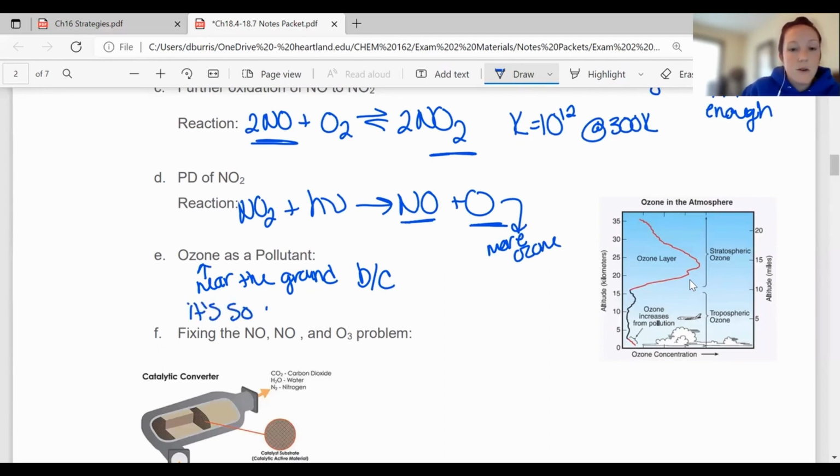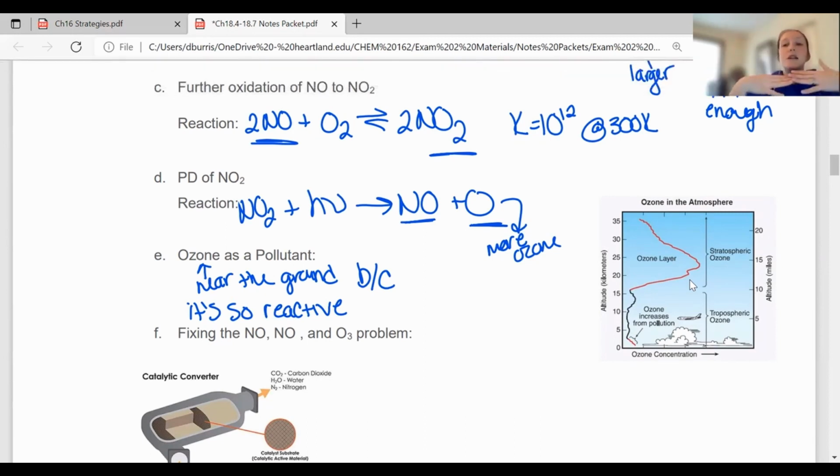Ozone is great to protect us because it reacts with all those rays coming in from the sun, so that not as many of them get through. But we don't want all those reactions happening close to us because that's going to give off a lot of energy and it's going to break down oxygen that we need.